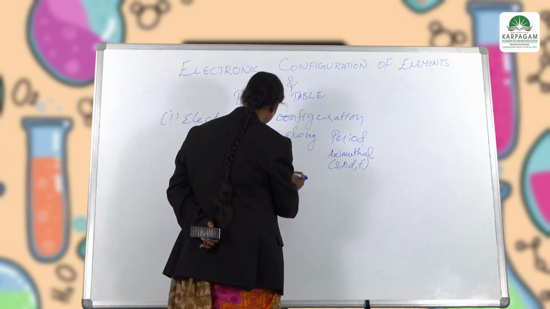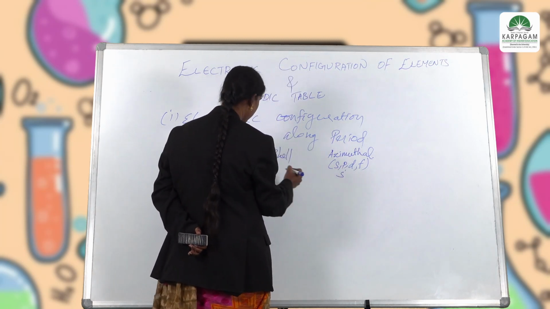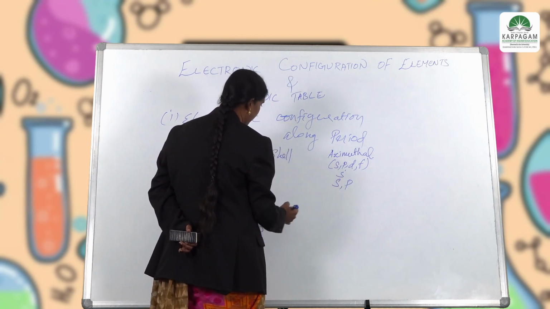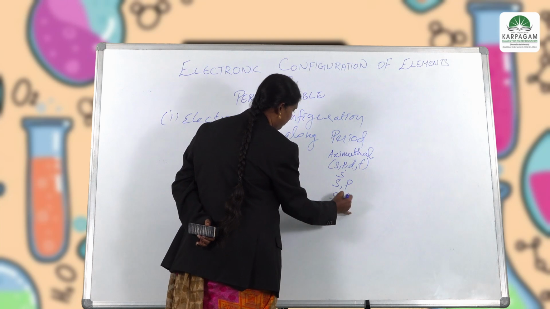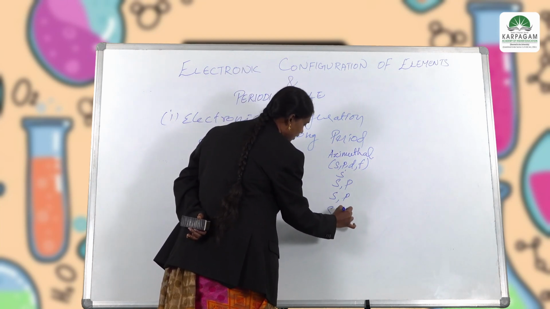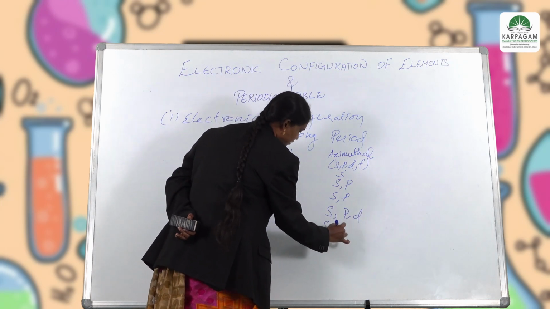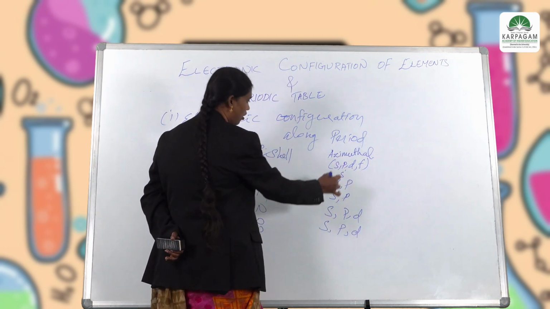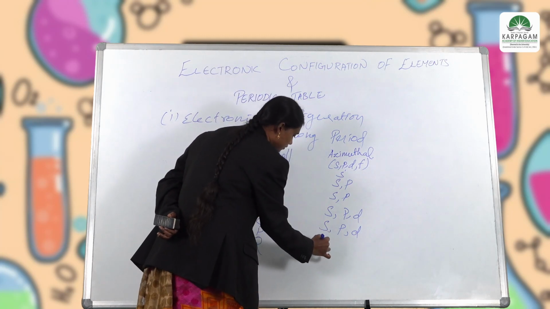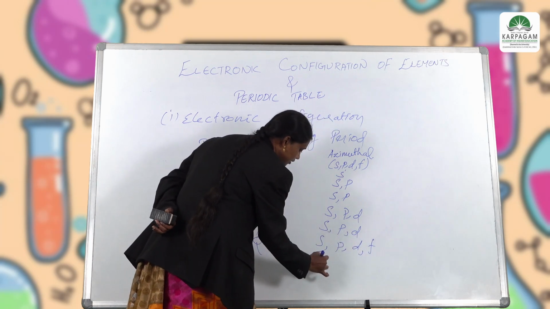So here n1 means it is s1. n2 means s and p orbitals, and n3 also s and p orbitals, and coming to n4 it comes to s, p, d. The fifth period also has s, p, d orbitals, and going to the 6th and 7th we have s, p, d, f suborbitals.